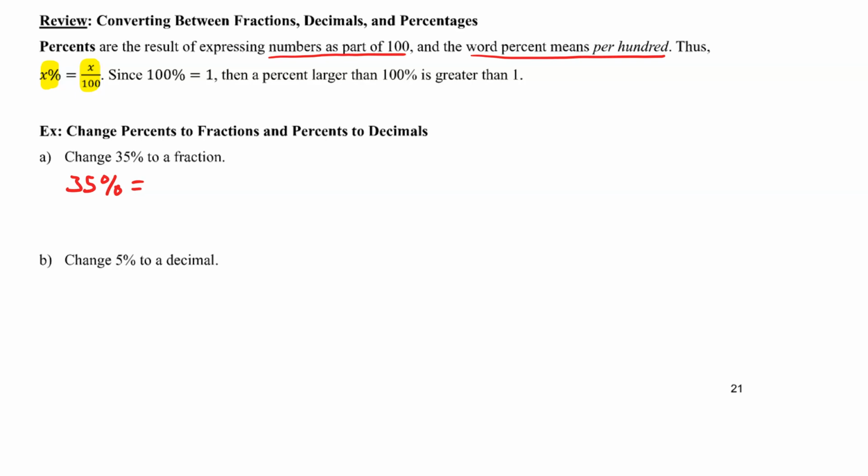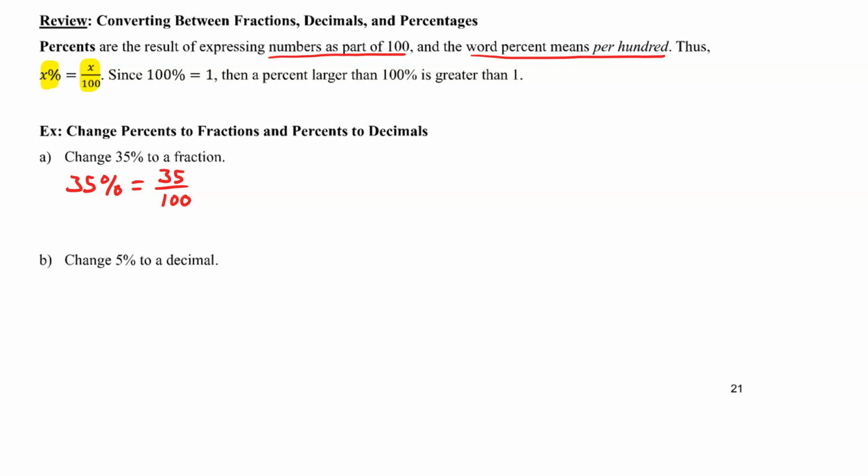With part A, we want to change 35% into a fraction. If we want to convert that into a fraction, we can set it up using that relationship they give us. So it would be 35 over 100. From here, once we have a fraction, we do want it in that reduced, most simplified form. So we focus on, is there a number I can divide both the top and bottom by to make this smaller?